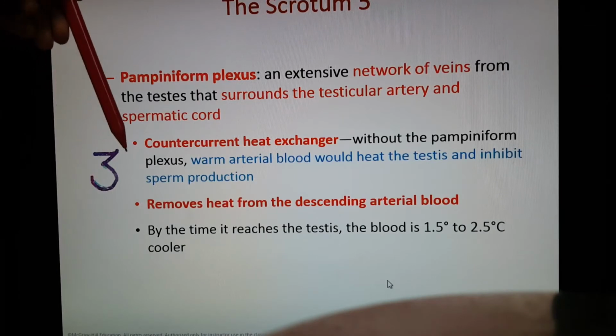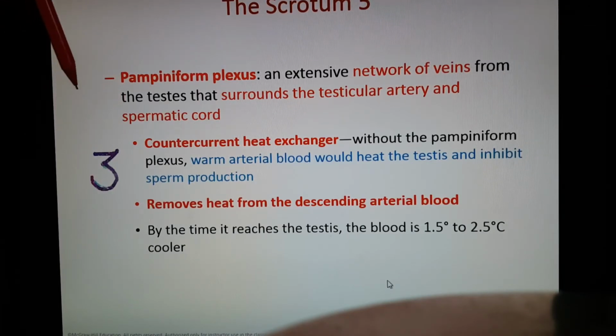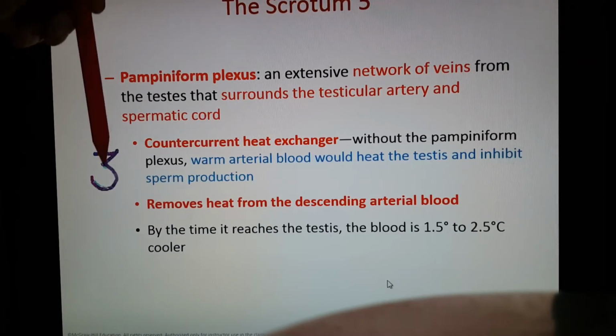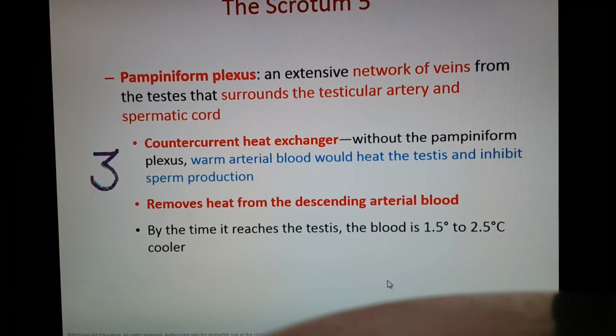The veins outside of that testicular artery, again, I want to show you the picture, carry blood that has been cooled, and as it goes back up towards the body, it steals heat away from the testicular artery and cools down the blood that's going into the testes. So by the time it reaches the testes, the blood has significantly cooled.